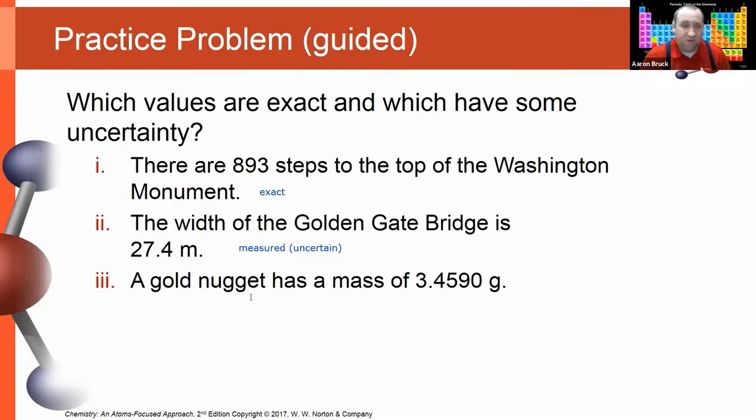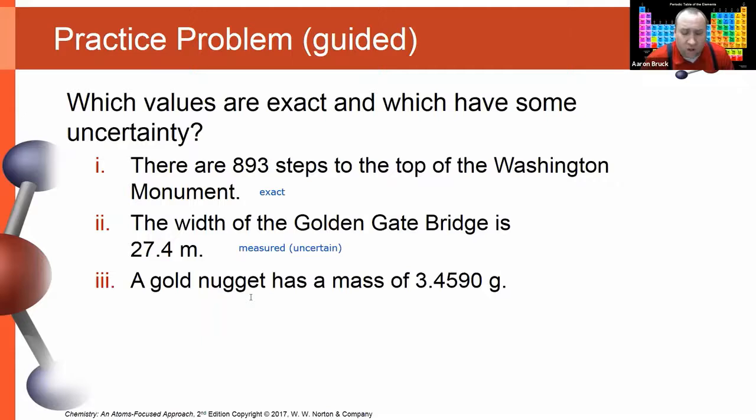And so there's going to be a good bit of uncertainty associated with that measurement. It could realistically be anywhere between 27.5 and 27.3 meters, and that would be a good solid 10 centimeters either way. So not super precise there.